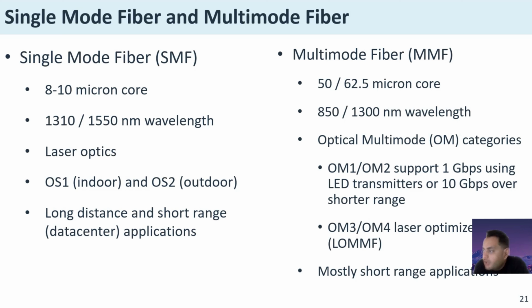Optical mode categories: OM1 and OM2 support 1 gigabit using LED transmitters or 10 gigabit over a shorter range. OM3 and OM4 are laser optimized, also known as LOMMF, mostly for short-range applications inside data centers.